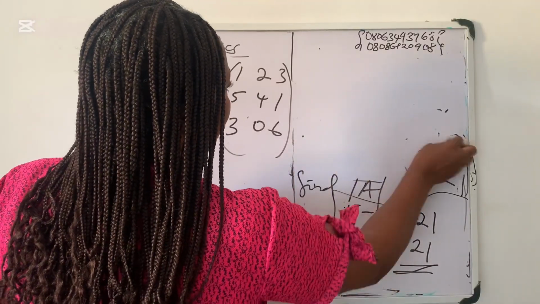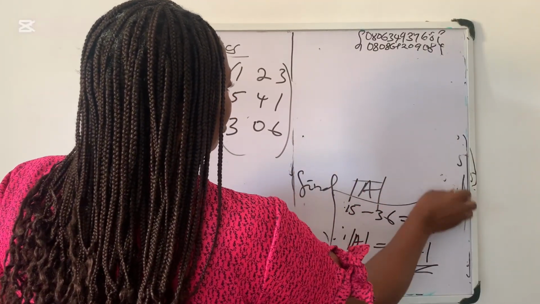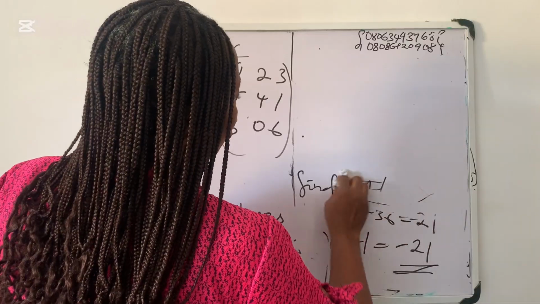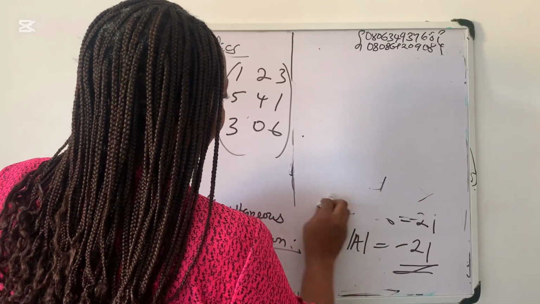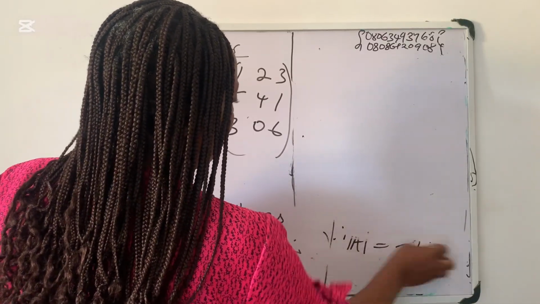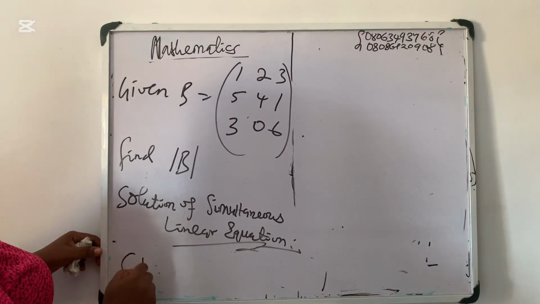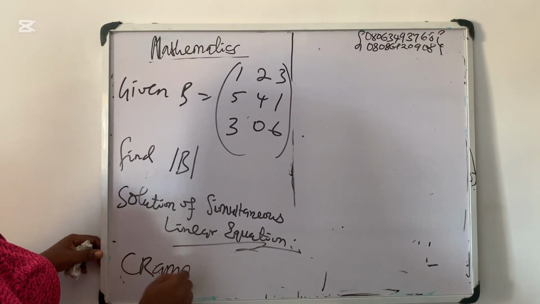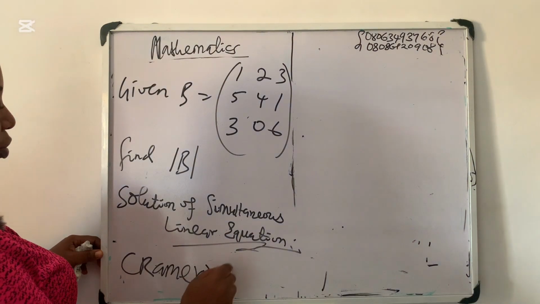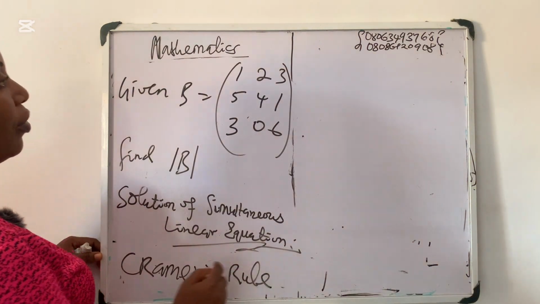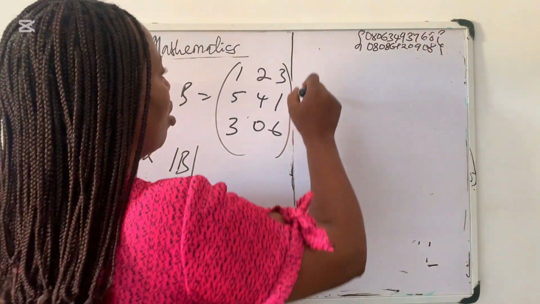Simultaneous linear equation. Here we are going to be making use of a rule called the Cramer's rule. We consider the Cramer's rule. Cramer's rule. We use that rule to solve here.